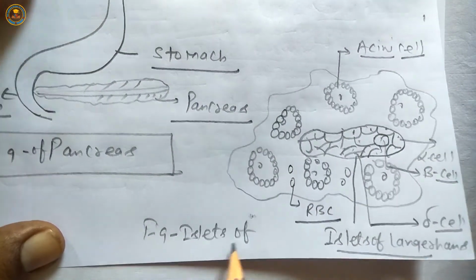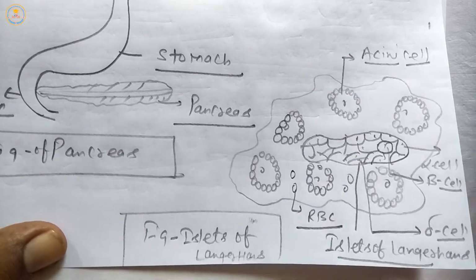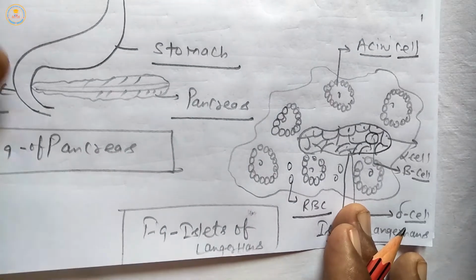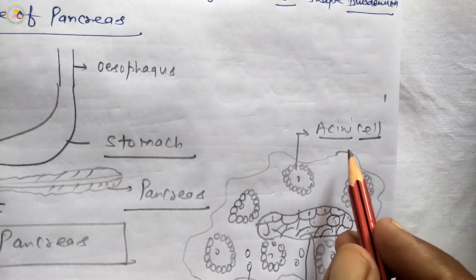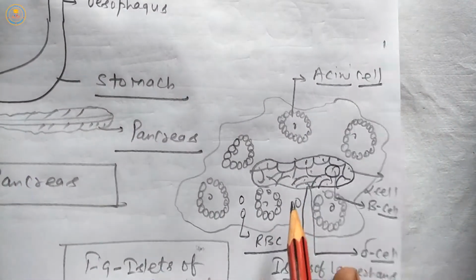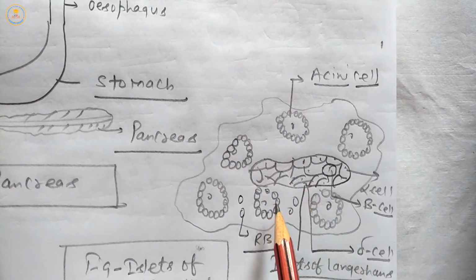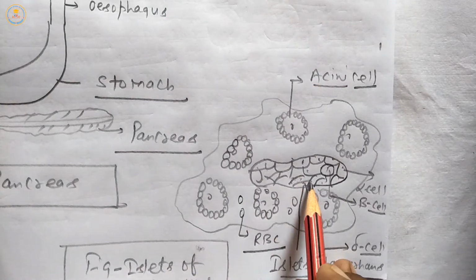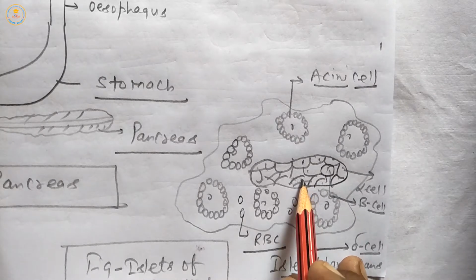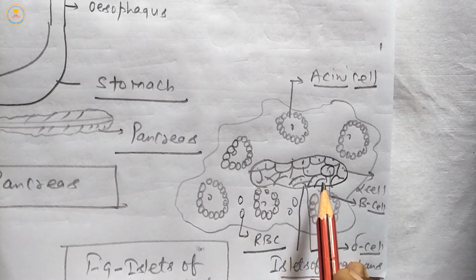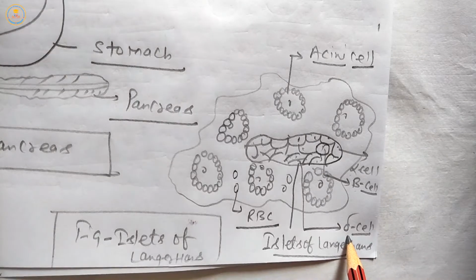Once again, pancreas behaves both exocrine and endocrine. Exocrine part is acini cells and endocrine part is islet of Langerhans. Islet of Langerhans was discovered for the first time by the scientist Langerhans. Mostly islet of Langerhans has three types of cells: alpha cell, beta cell, and gamma or delta cell.